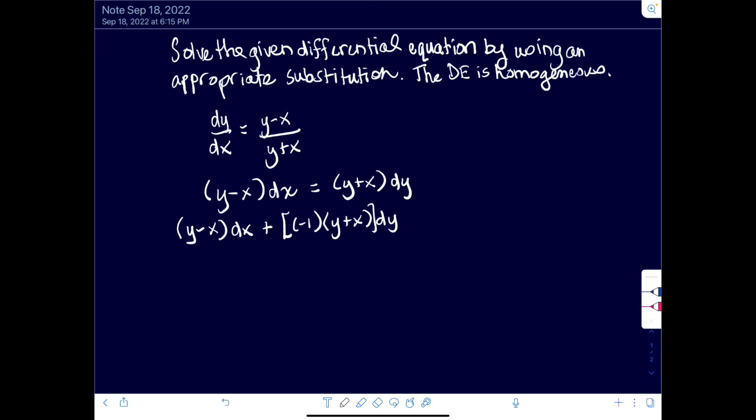All right, so M, of course, is y minus x, and then N is going to be equal to negative quantity y plus x.